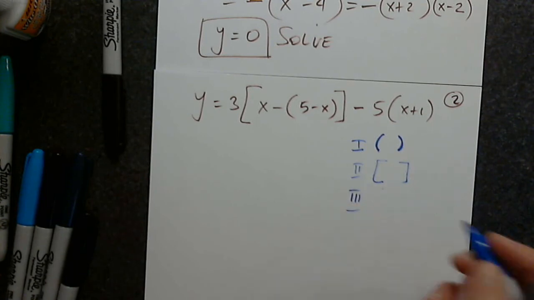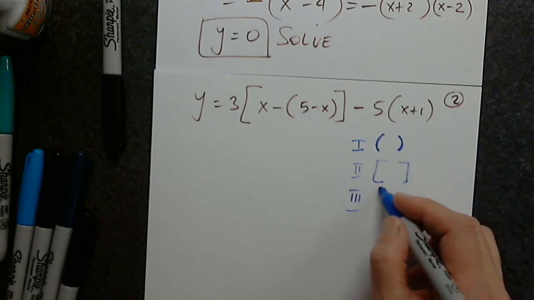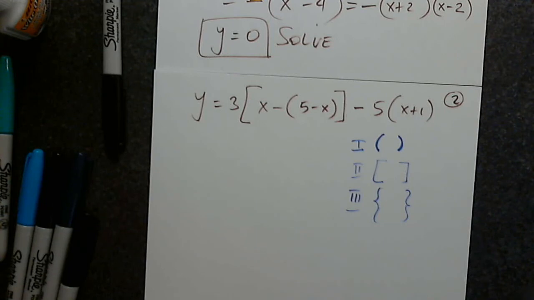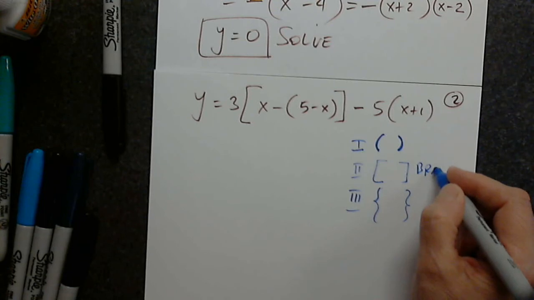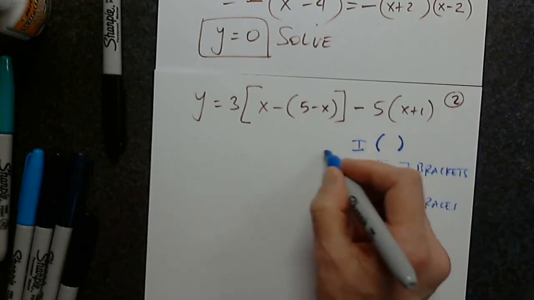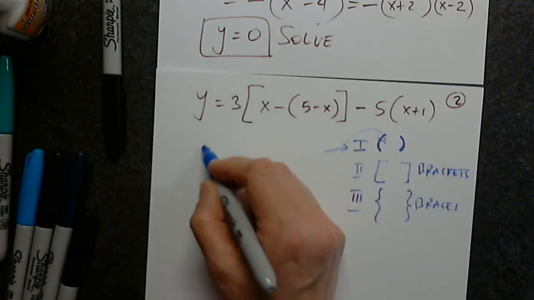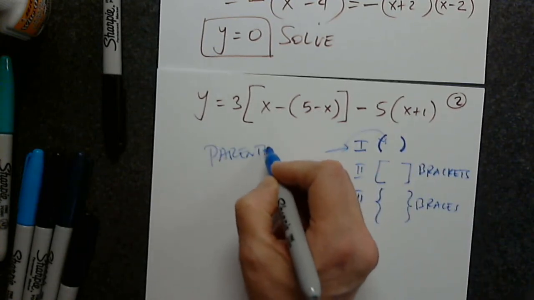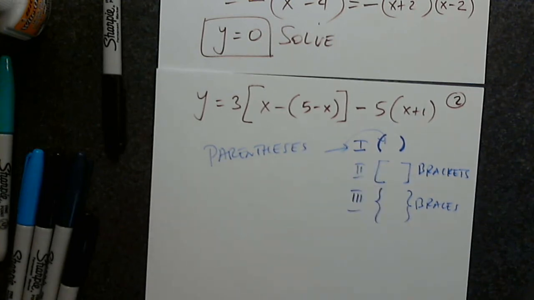And the third priority, if we have any, which is not the situation here, braces. So the first priority, parentheses, brackets, second priority, and braces the last one. You're not going to have all three. It would be very unusual. But it's possible. Not in this class, though.